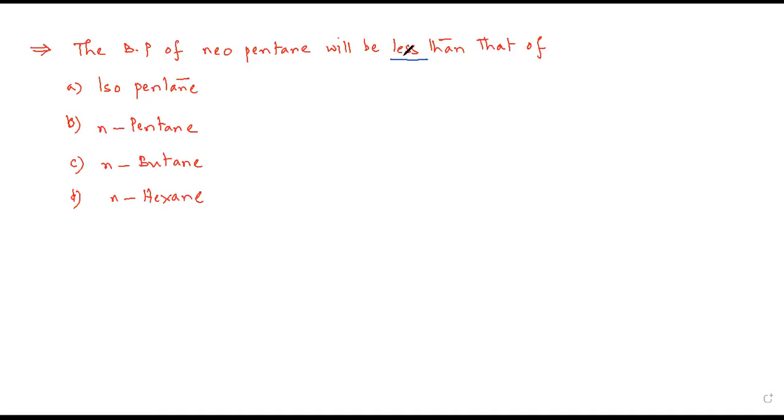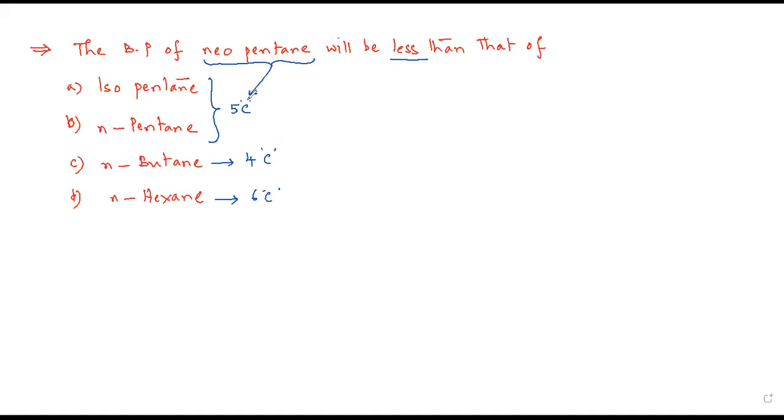Am I right? Now, see, isopentane and N-pentane, even the neopentane, they have got 5 carbon atoms. N-butane has 4 carbon atoms. N-hexane, of course, will have 6 carbon atoms.